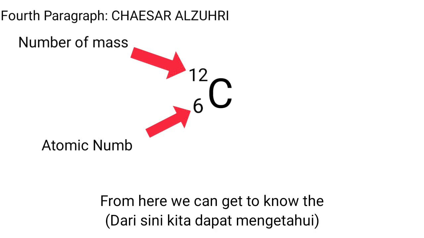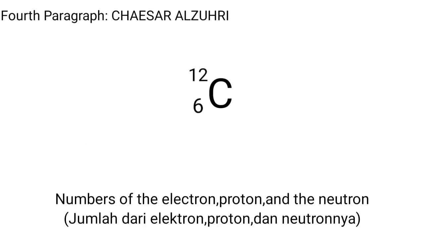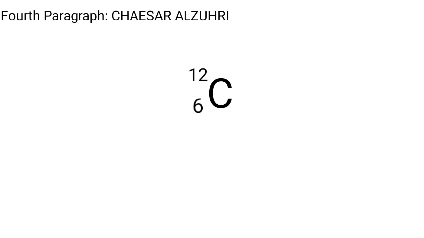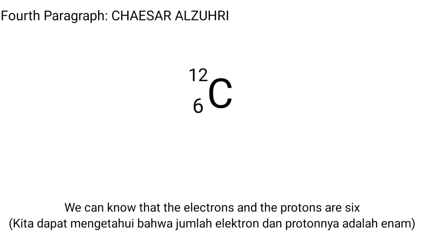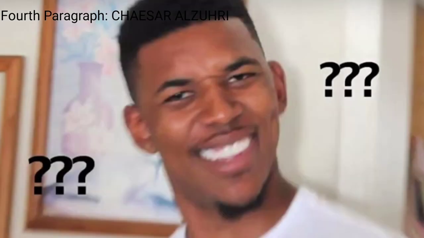From here, we can get to know the number of electrons, protons, and neutrons. From the atomic number we can know that the electrons and the protons are 6, and the neutrons are also 6. How, you might ask?